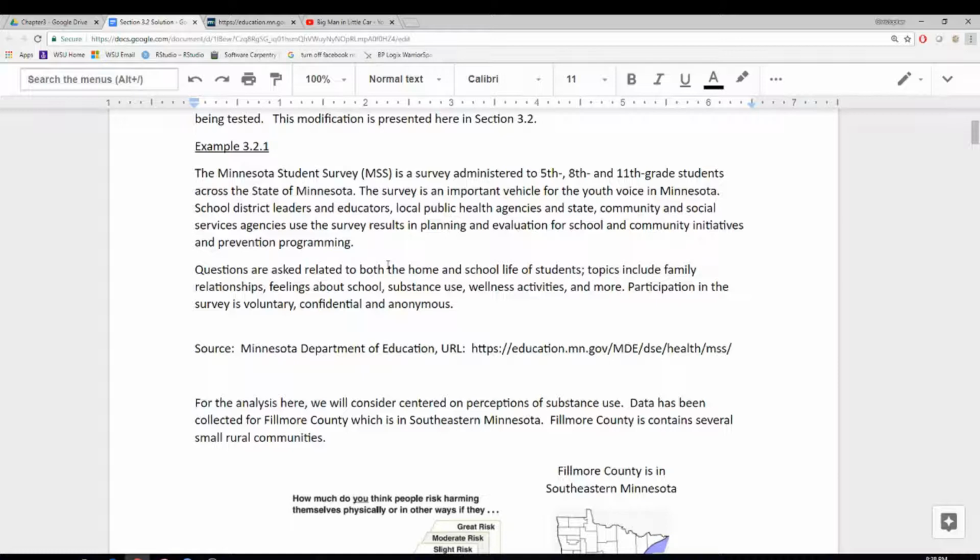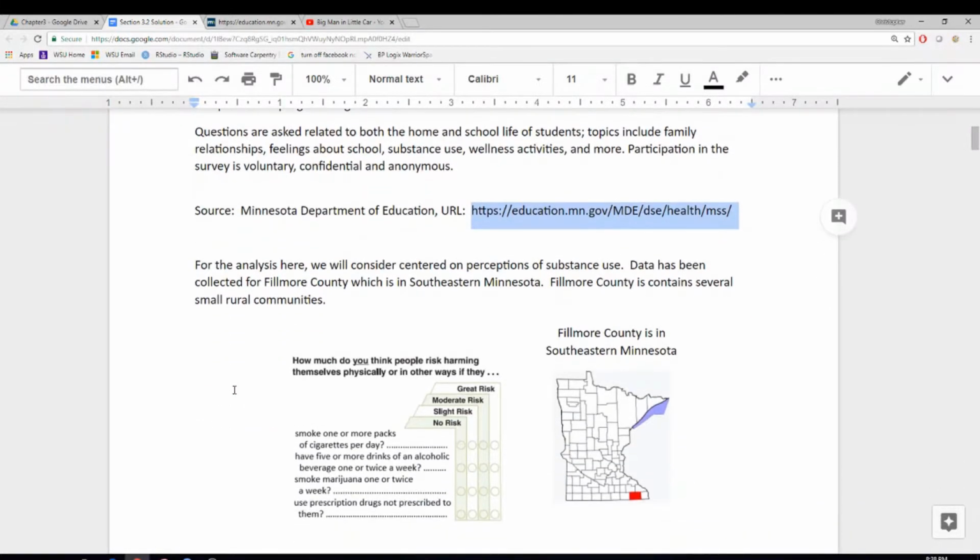They include family relationships, feelings about school, substance abuse, wellness activities, etc. The participation in this survey is voluntary, confidential, and anonymous. And there's the website there if you'd like to go check out outcomes from this survey. I use that website there to gather the data that I'm using for this example.